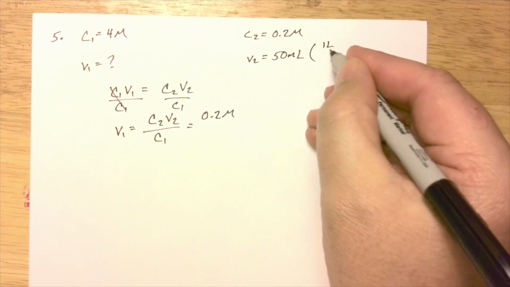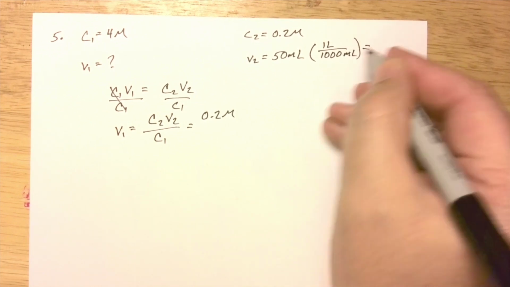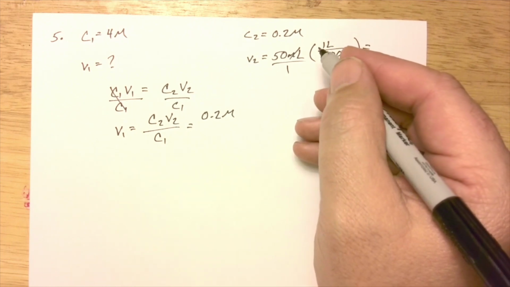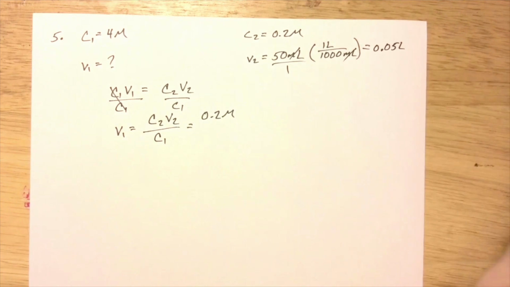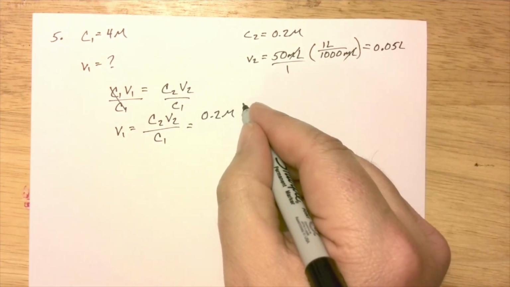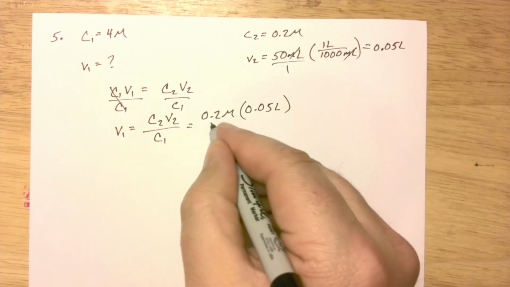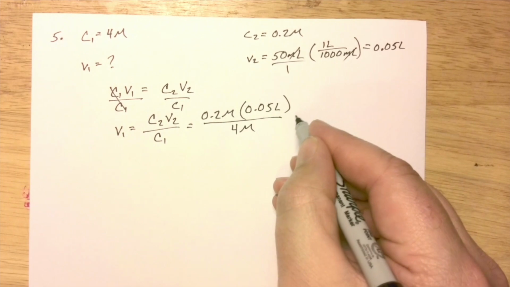So 1 liter is equal to 1,000 milliliters. Milliliters will cancel out. So that is equal to 0.05 liters. That's why I want to use 0.05 liters, all over C1, which is 4 molar.